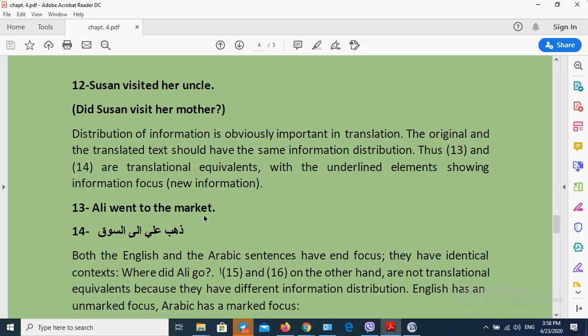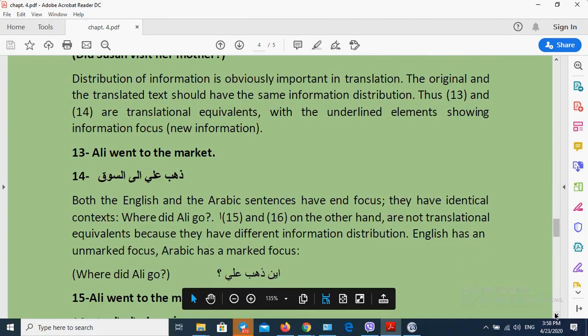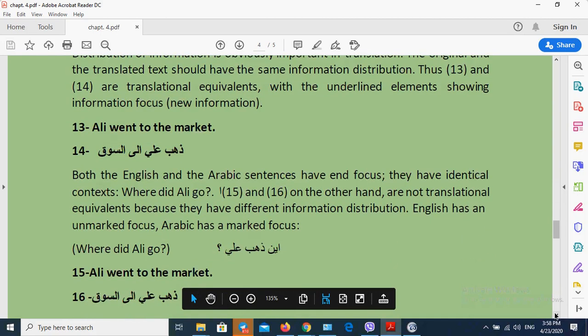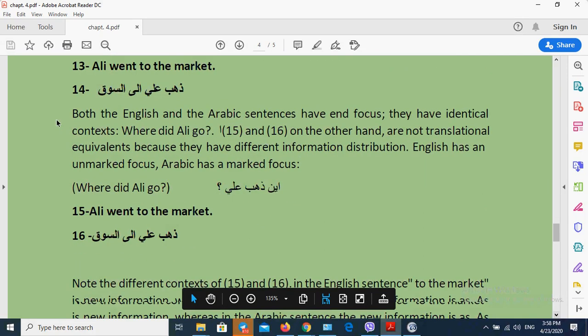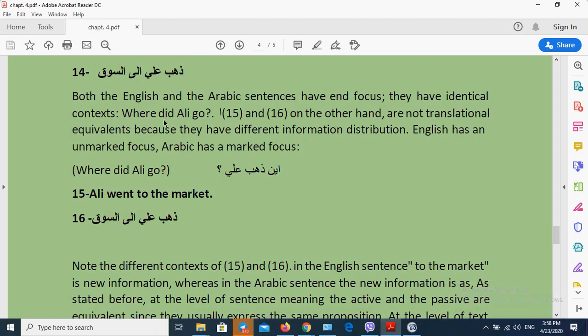Let's see here. Ali went to market. ذهب علي إلى السوق. Both English and Arabic sentences have end focus. They have identical context. Where did Ali go?